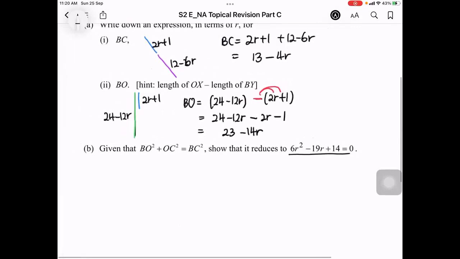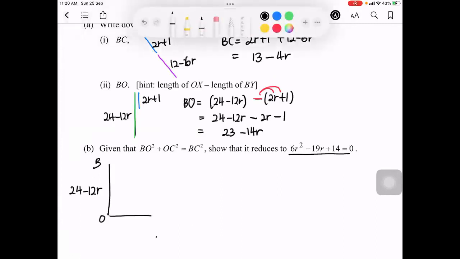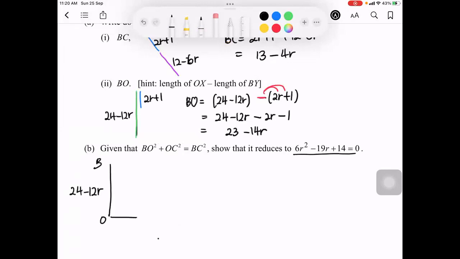Now I will explain part B. They say BO square plus OC square equals BC square, which is the Pythagoras theorem, right? So BO is what I found, 23 minus 14R. Luckily never do the wrong one.